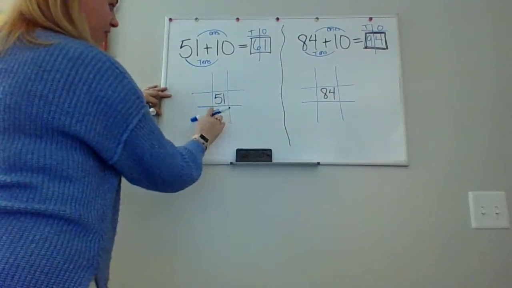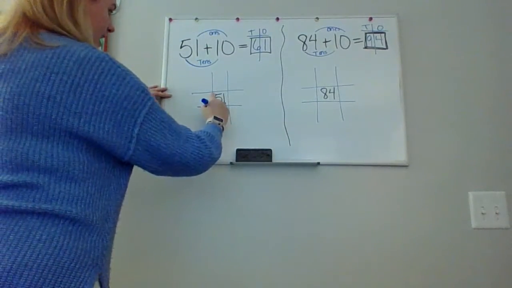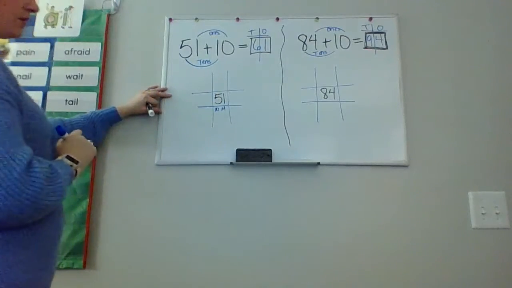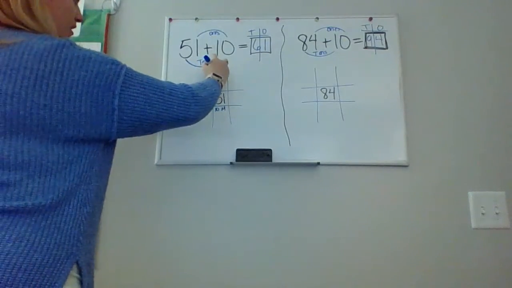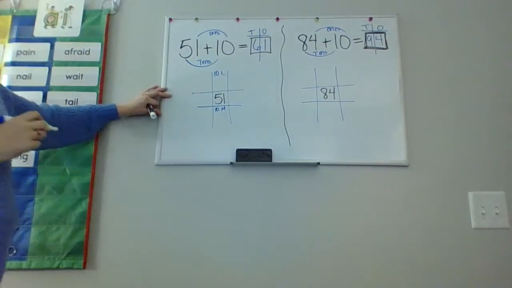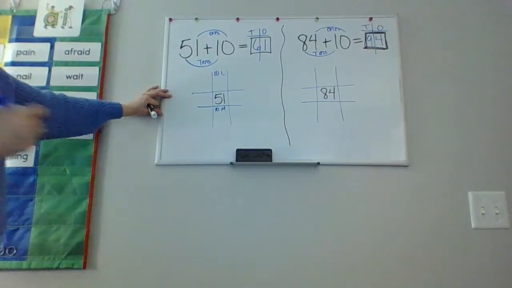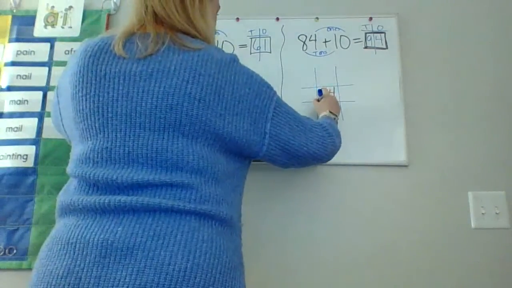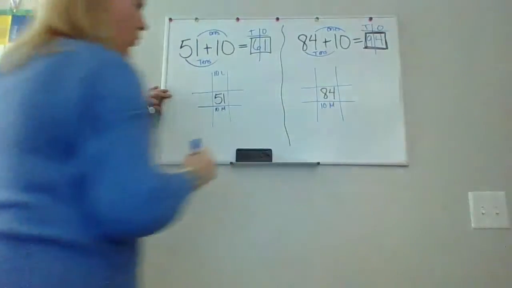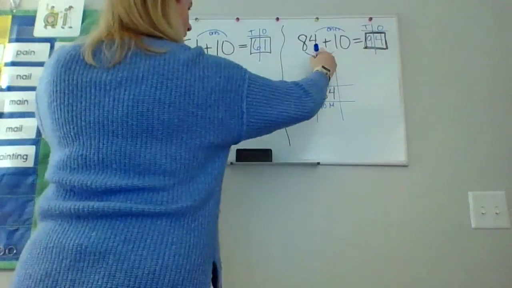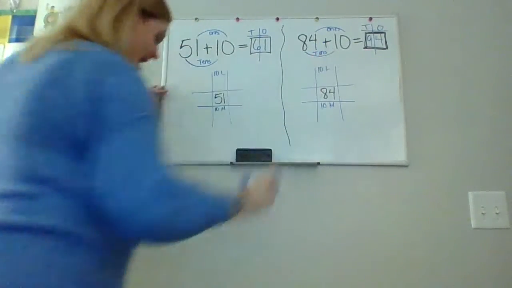This box down here is 10 more. This box up here is 10 less. M is for more, L is for less.